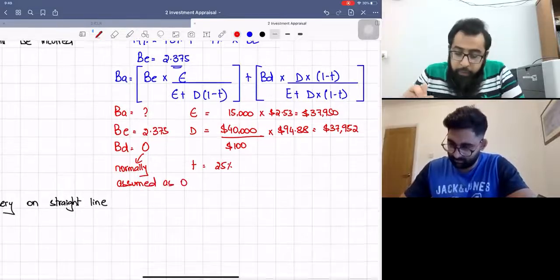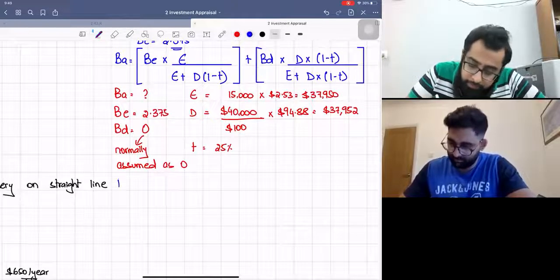Okay. So now I think we can calculate the beta asset.